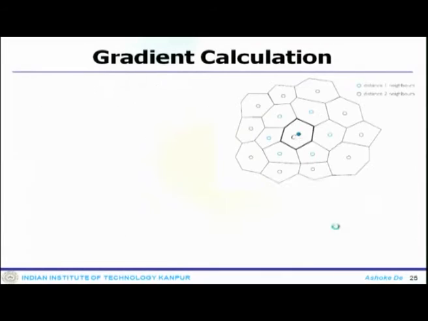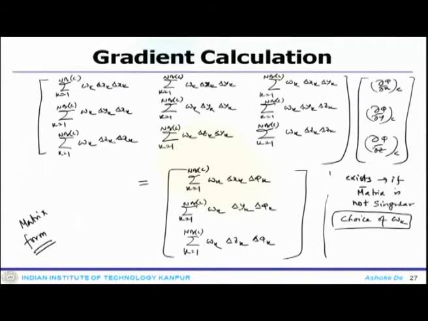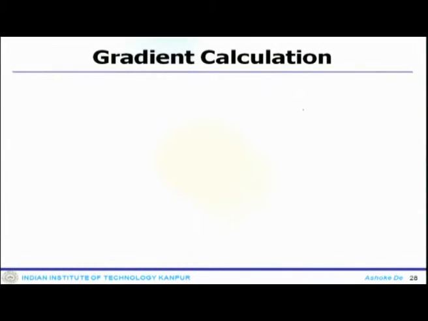If you go back to this cell, since it is taking the neighboring cells' information, for certain values of Wk the farthest cell may have a lot of influence on this approximation, and that can lead to some sort of error. Or alternatively, one can have an alternative choice for Wk.